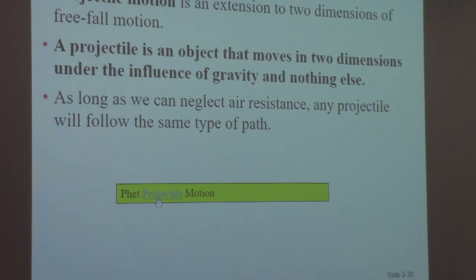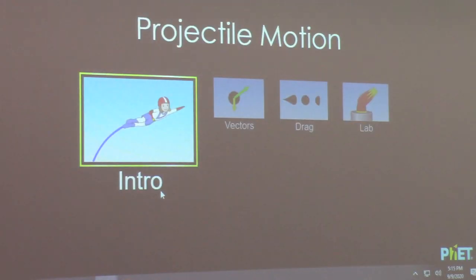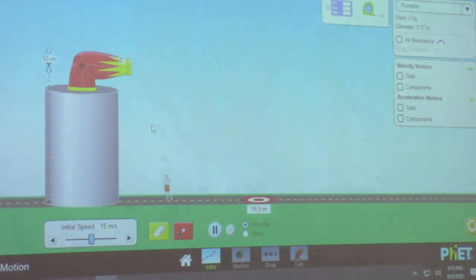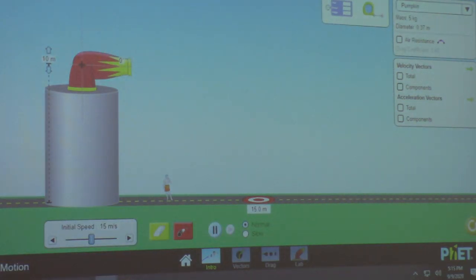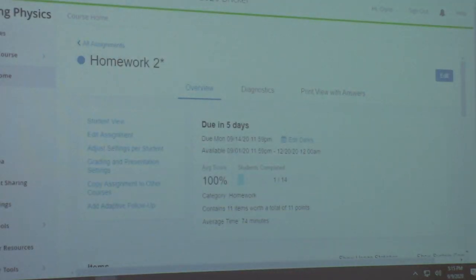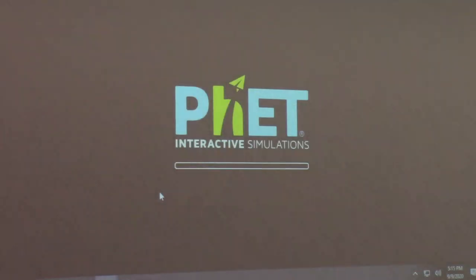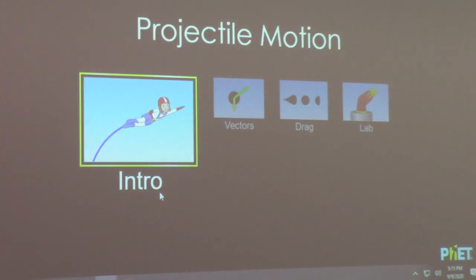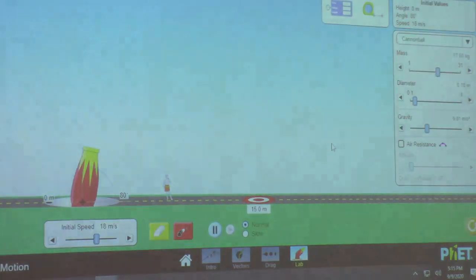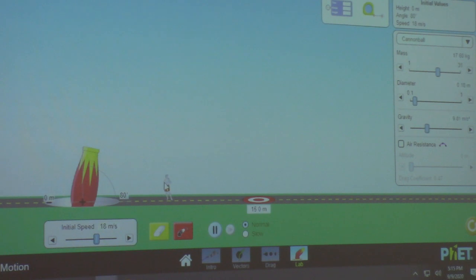So here's a physics educational technology thing we can take a look at. Whoops, actually I didn't want that one. Maybe it's this one. Yep. Also, we get to try to hit the target with this.